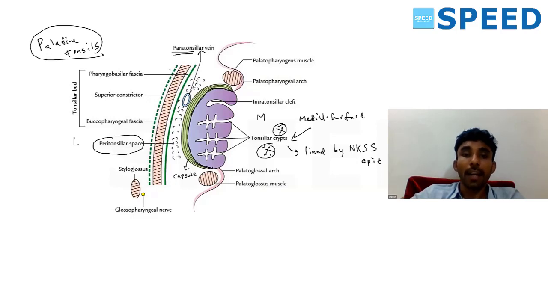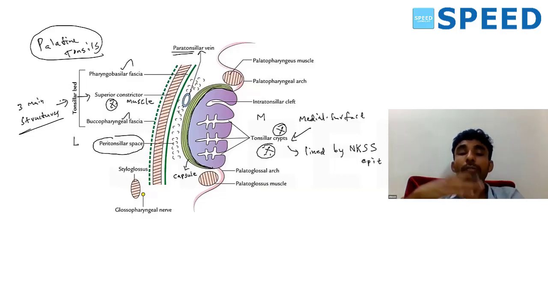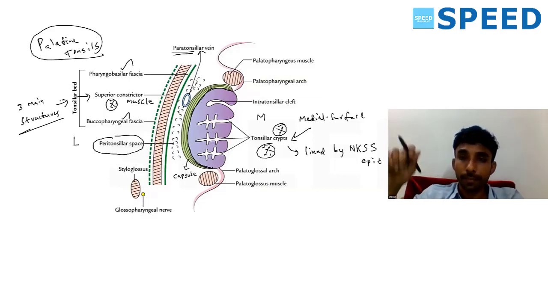Then lateral to the peritonsillar space, you are able to see the main structures forming the tonsillar bed. The muscle forming the tonsillar bed is the superior constrictor muscle, which is surrounded by two fascia, buccopharyngeal fascia and pharyngobasilar fascia.